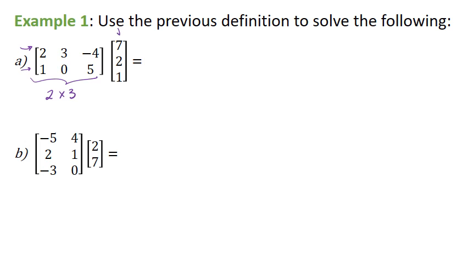And this one here has 3 rows and 1 column. So this is a 3x1 matrix. The number of columns in the first matrix is the same as the number of rows in the second matrix. So our resulting matrix will be a 2x1 matrix.